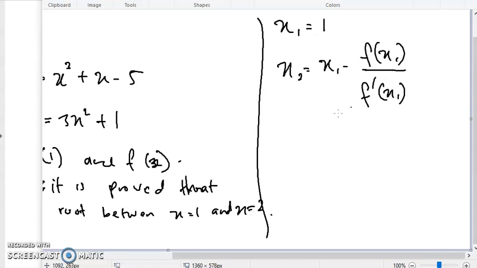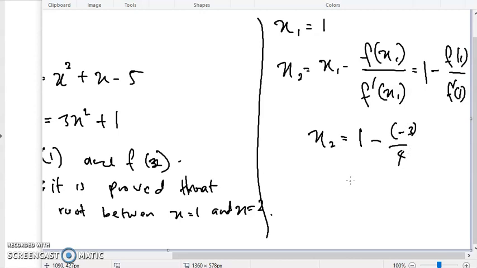Substitute the values: x2 is 1 minus f(1) over the first derivative at 1. So x2 will be 1 minus negative 3 over 4, which is 1.750.